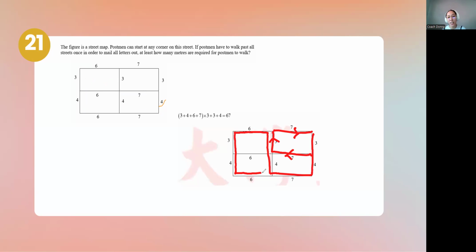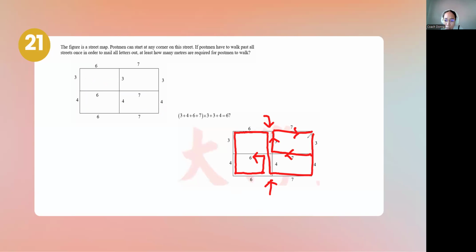I found it. I think it's this one. All right, I found it. So here, notice that we only passed through 4 and 3 twice, right? So it's only this one right here and this one. So it actually works.